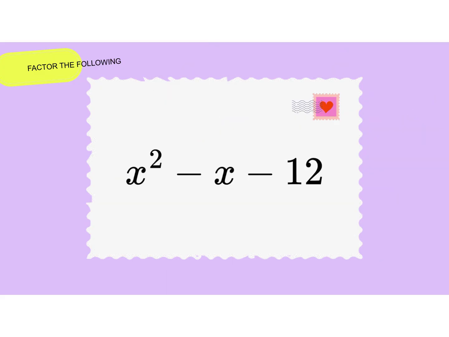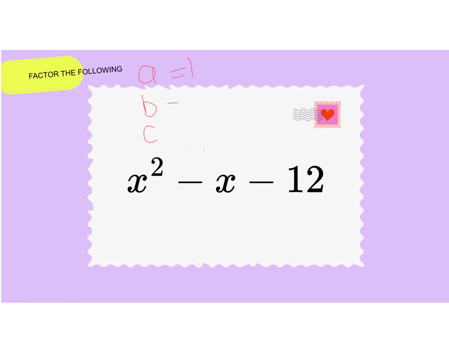So here's one. We're going to do Xbox on this one. Here we'll identify our A value, our B value, our C value. Notice our A value is equal to 1, our B value negative 1, and our C value negative 12. So we're going to play Miss Gray's Xbox.